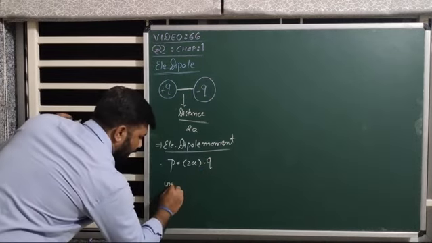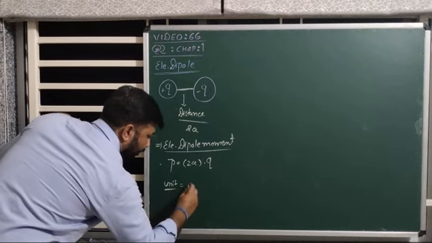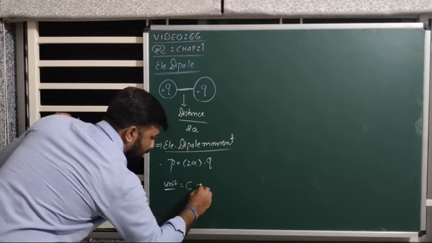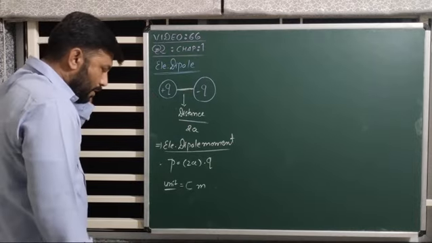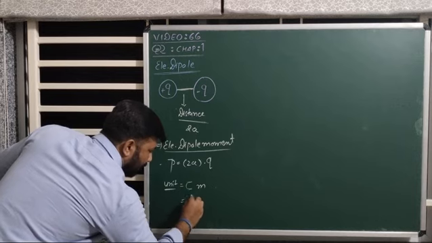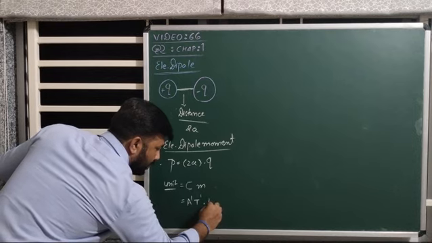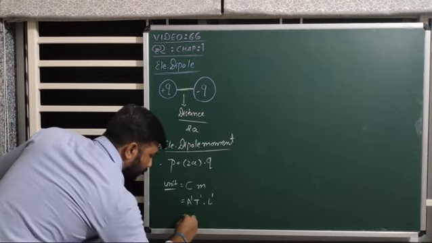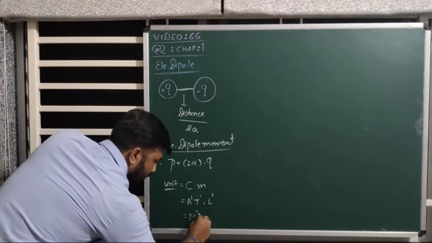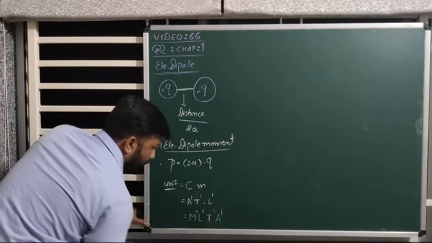From this its unit is very simple: Q, charge, is Coulomb, and 2a, distance, is meter. And from there its dimension formula: Coulomb means A1 T1, and meter is L1. So you have M0 L1 T1 A1.